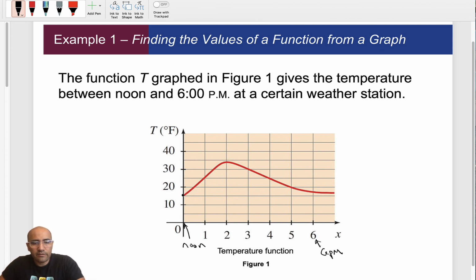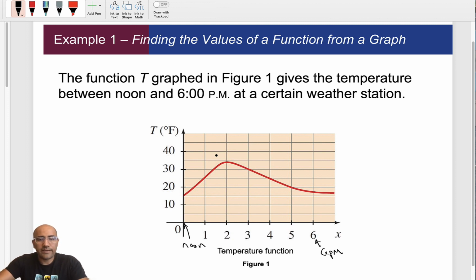So temperature in Fahrenheit, it starts off, looks like 15 at noon, and gets warmer and warmer. And looks like we hit the highest temperature of about 35 or 34 around 2 p.m. And then the temperature begins to come back down, and we get back down close to 15 by the time 6 o'clock rolls around. Okay, so we have a nice little picture to describe the temperature.